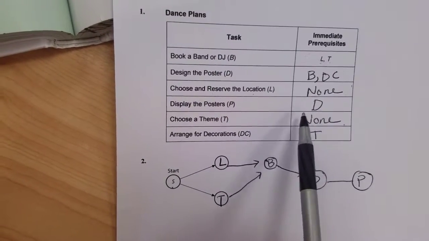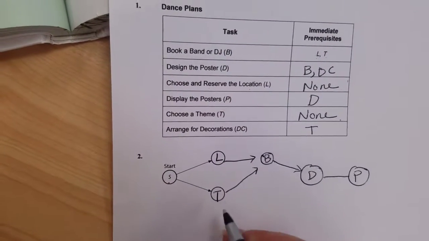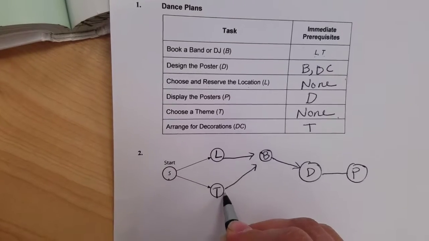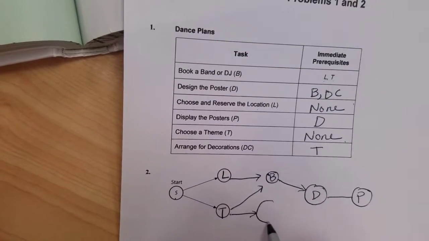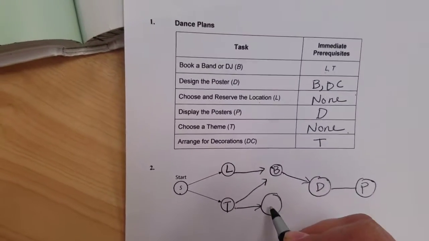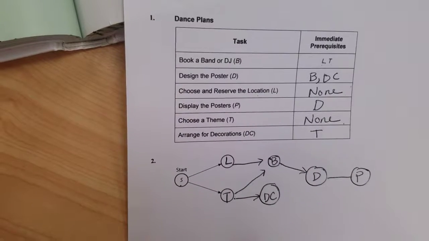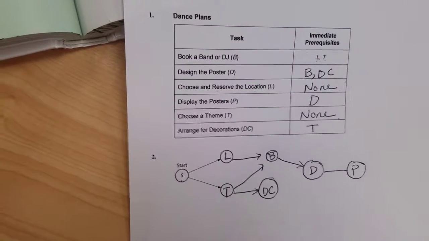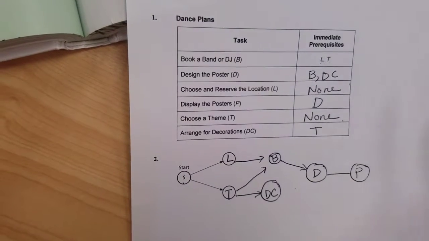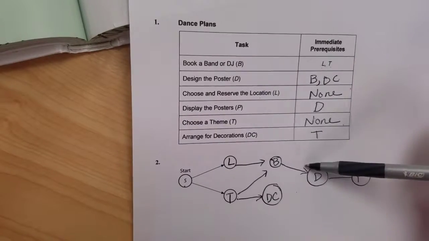Again, seeing that little table, from the theme we've got one more, decorations, and we can clearly see that we need to arrange for decoration. And you notice that right here, there were two tasks that come in, but we only had one so far.